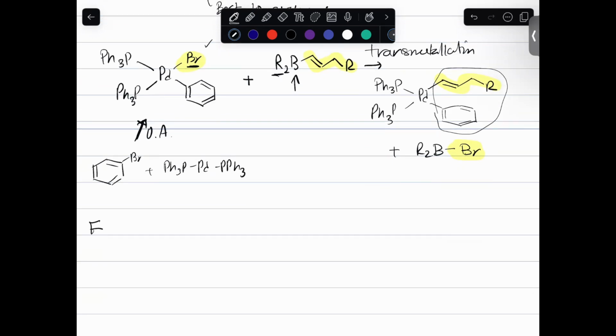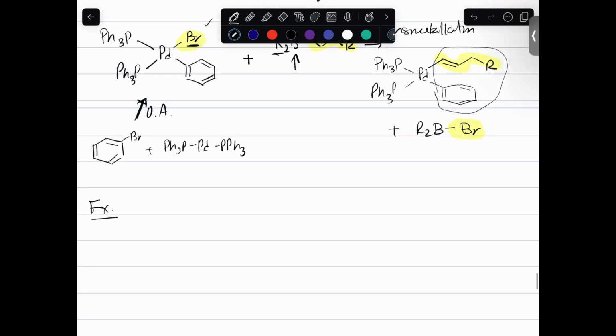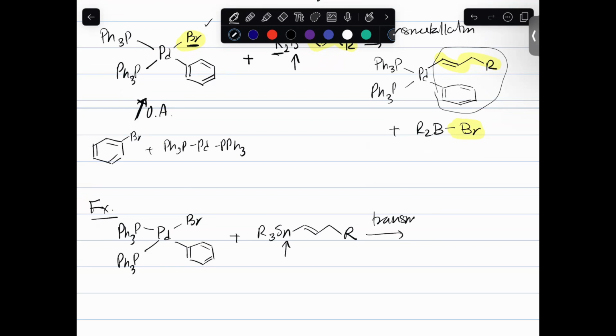Let's do another example. And what I'll do is I'll continue to use the same palladium complex. Now we'll use tin as our metal. And just like before, transmetallation.